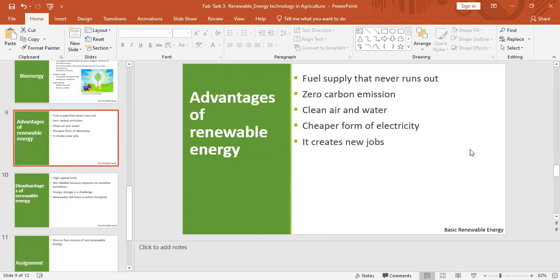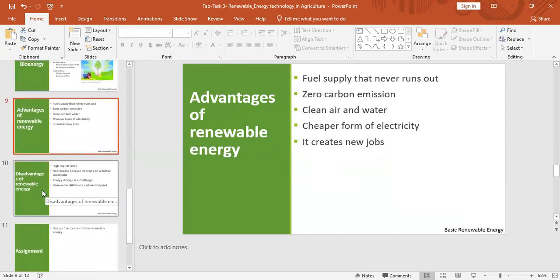So we have a number of advantages. It is not limited to what I have shared on the screen. It is cheaper. It is clean as compared with other forms of energy. So we can say it is eco-friendly.